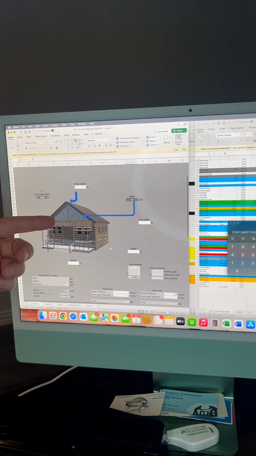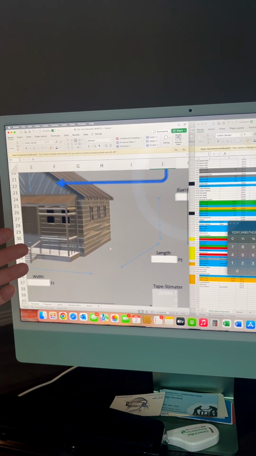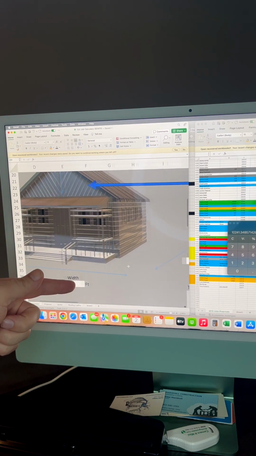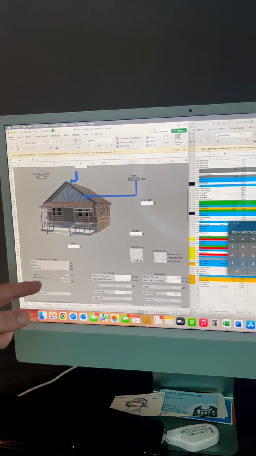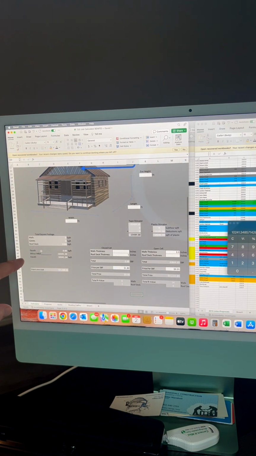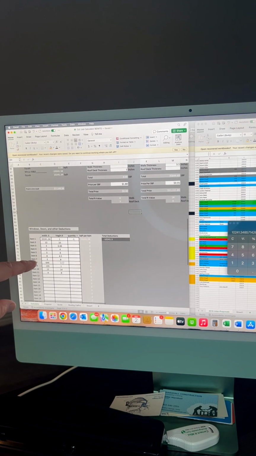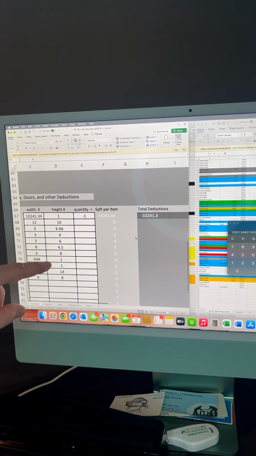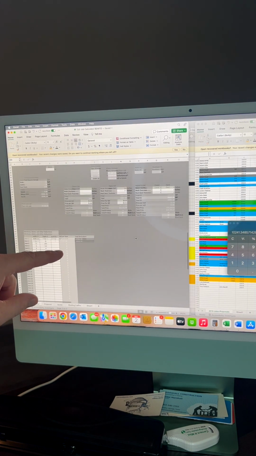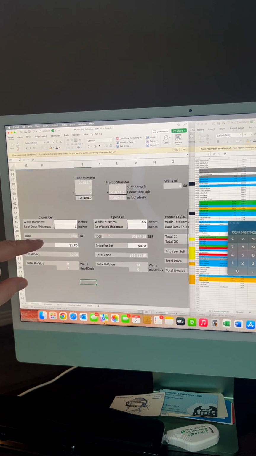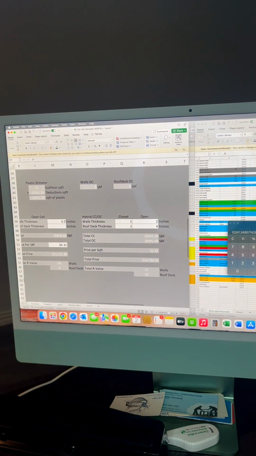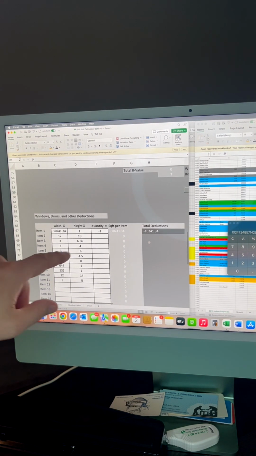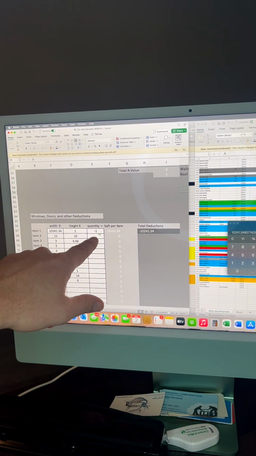So here it is. If we were going to bid just a rectangular box, I can come in here and throw in my width, my length, my eave height, my peak height. It's going to give me walls, gables, roof deck. I can come down here and add in my windows and doors. It's going to make all my deductions, and then literally 3 ways at once I can bid: closed cell, open cell, or hybrid.